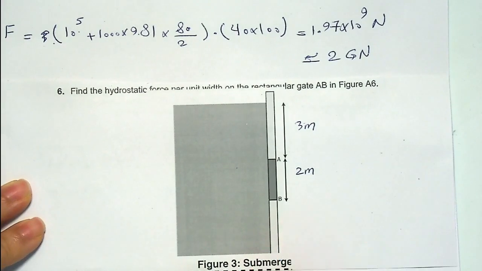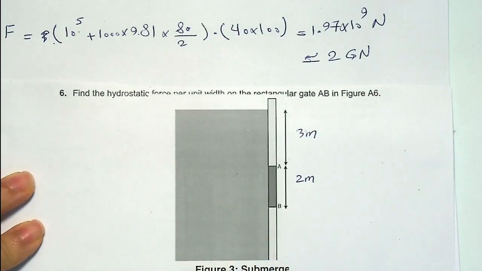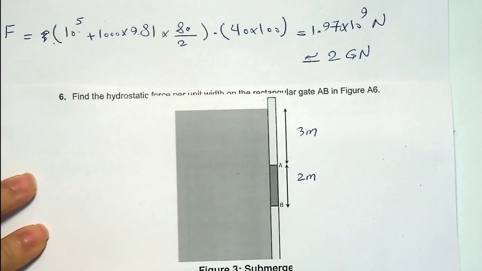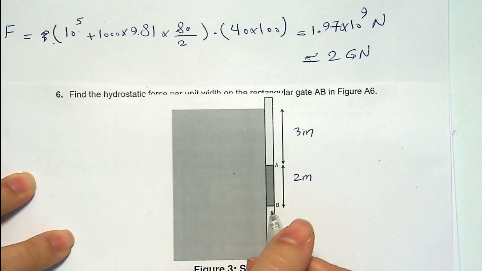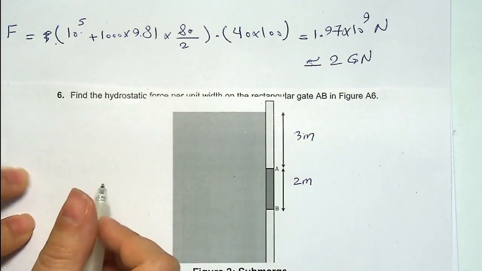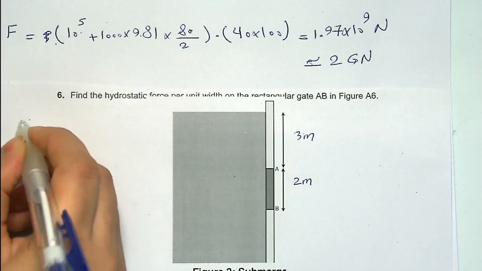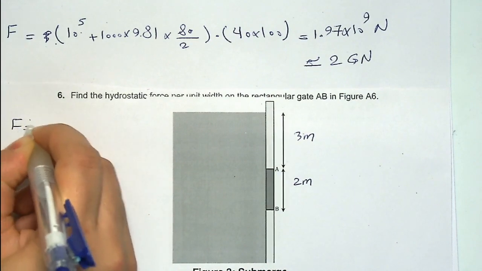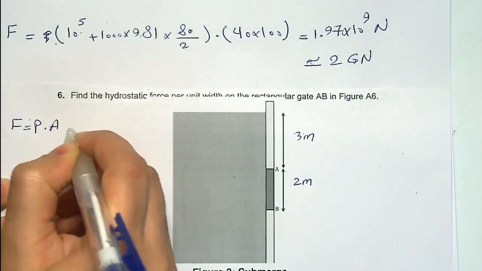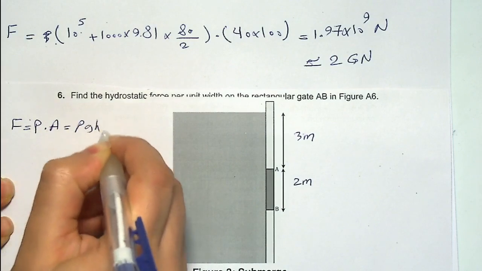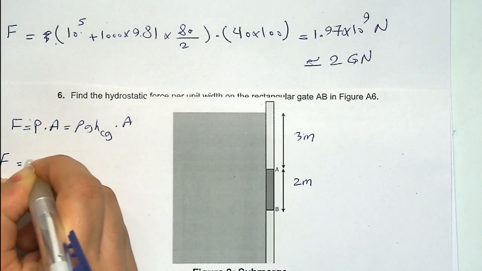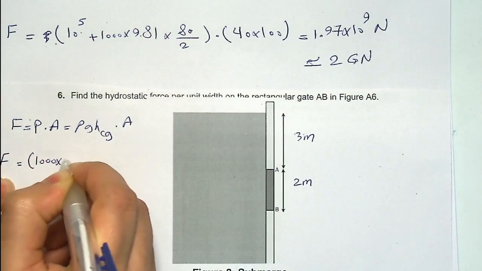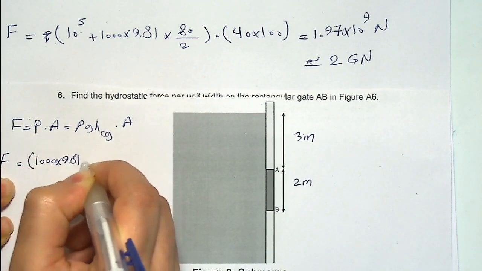Okay, final question. Question 6. So here it's asking us to find the hydrostatic force per unit width on the rectangular gate AB in this figure. Again, we can use F is equal to P dot A, and P is equal to rho g h at the center of gravity, dot A. So F would be equal to the density of water, 9.81.